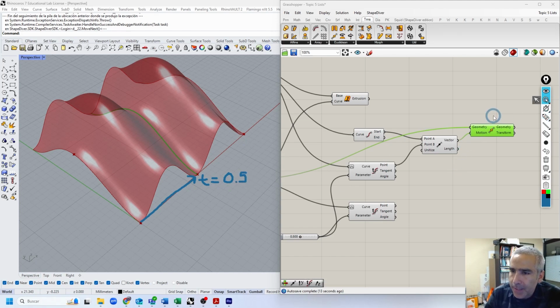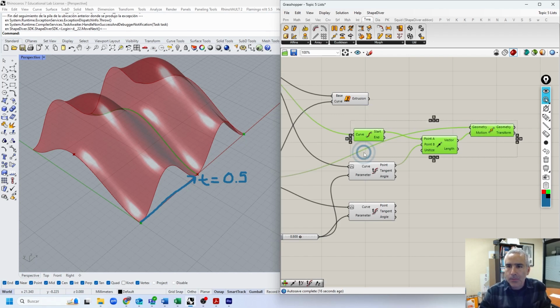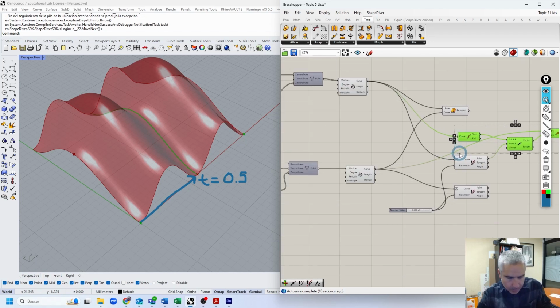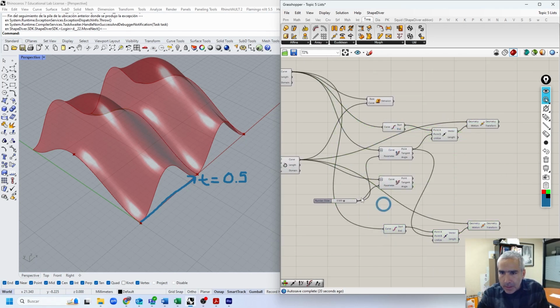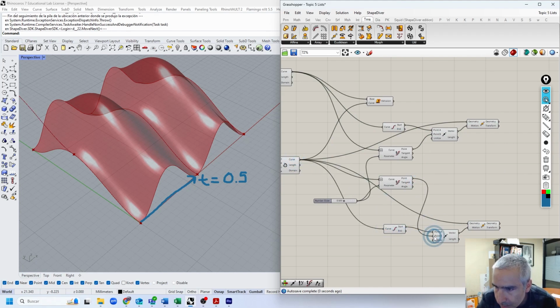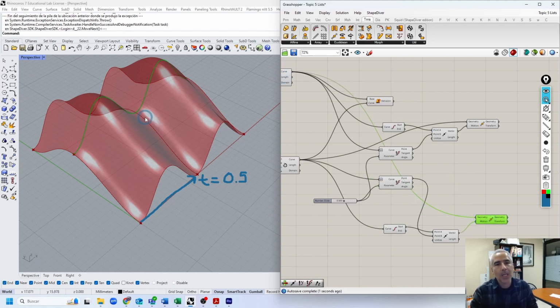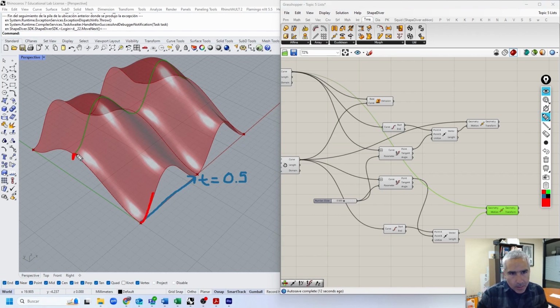So now let's do the same with the other ones. Let's get a copy of this, and then let's do this, and then this, and then we get that, and then we're going to do the other curve, which is here. Okay, so what I'm doing here is moving this other curve with this vector, right?